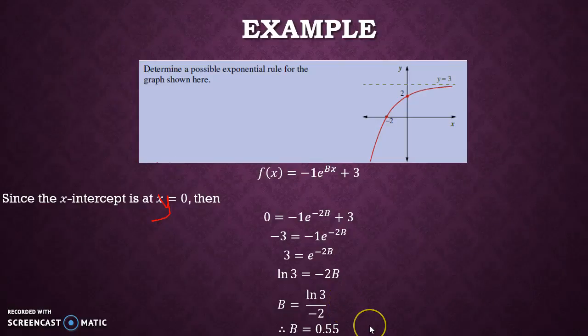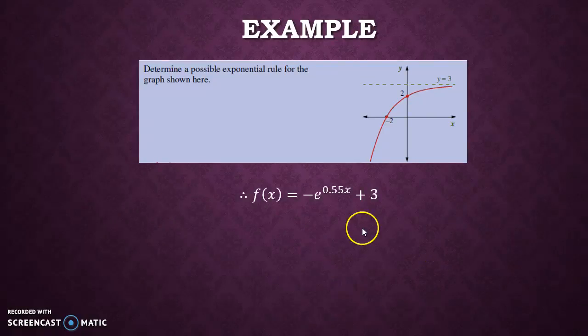So now we've got our a, b, and c values. We can say that our model for this graph is given by -e to the power of 0.55x plus 3. Okay, so that's how we can develop an exponential equation based on a graph.